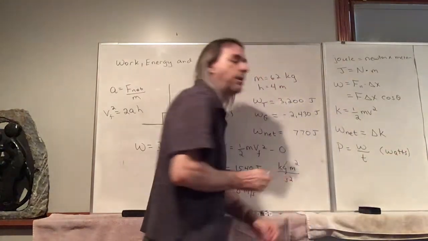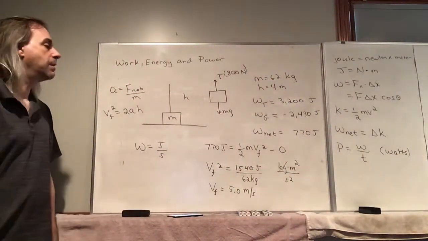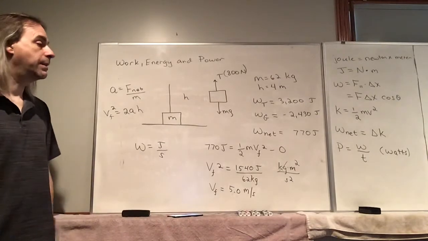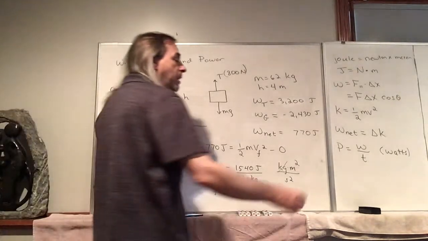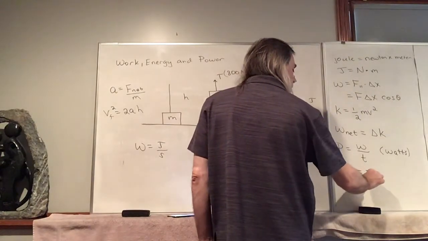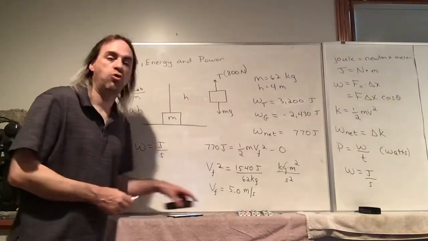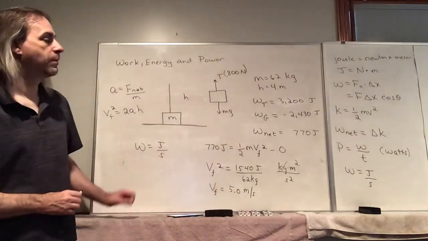That was named after another scientist from the Industrial Revolution, I think it was James Watt, and so we named this unit after him. So a watt is equal to a joule per second. So again, power is just a measure of how quickly you're doing work.